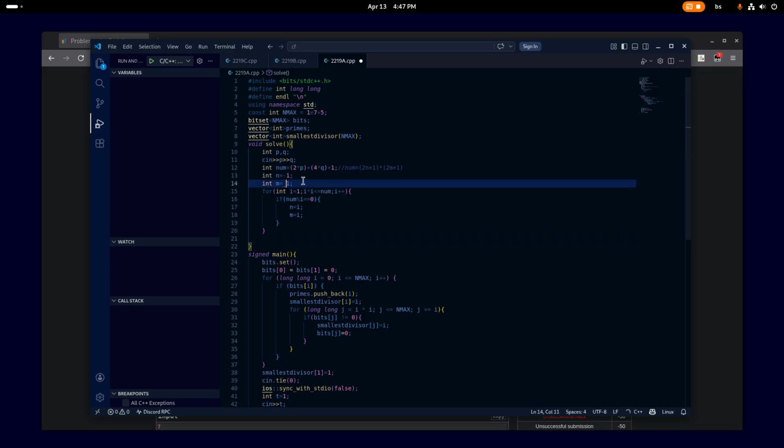We don't want 1 here because that would mean that one of these is equal to 1, which would mean that either m or n is 0, which is impossible.